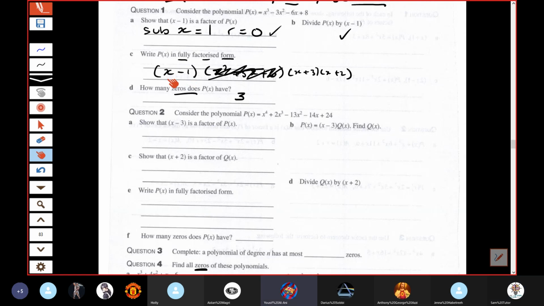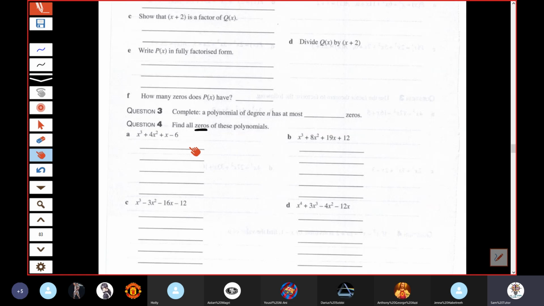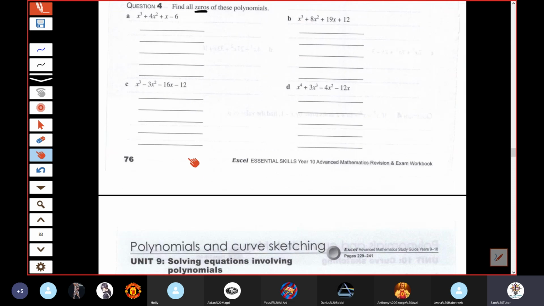Yep. So +1, -3, and -2. That's it, guys. He said it. So to find the zero is very easy. You're just going to solve for x. So +1, -3, -2. So again, nothing new to learn here. You've technically already done it. So hopefully we'll be okay with that.